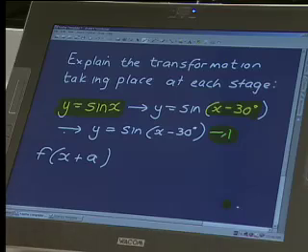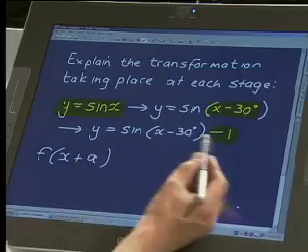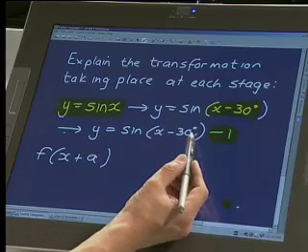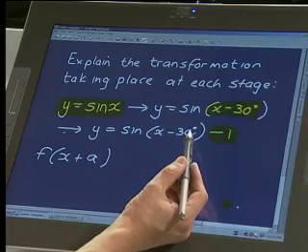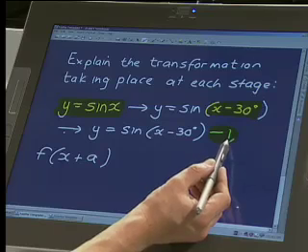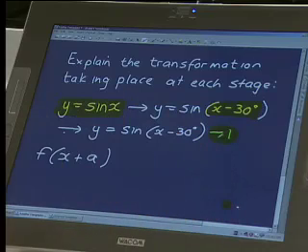So what does it do if the number's outside the bracket? We're going to change it vertically. Vertically. And are we going to obey the minus and do vertically down, or are we going to go vertically up? Down. Good. So the transformation at that stage is a vertical shift downwards by 1 unit.